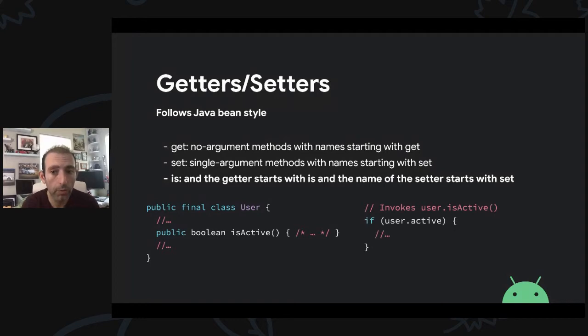This is also true for is. So if you're using is, such as in this case, the user has a Boolean field isActive. Once again, if you try to access the property over the property name active, Kotlin knows which function to call.